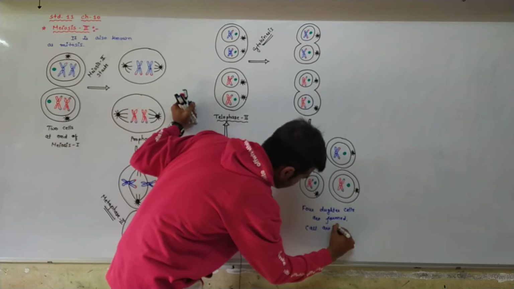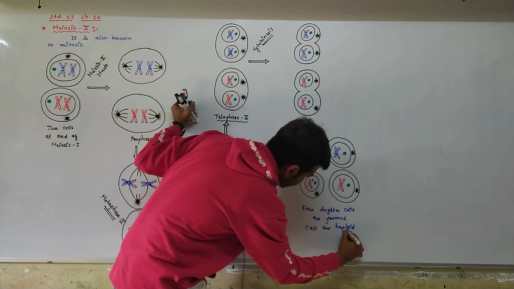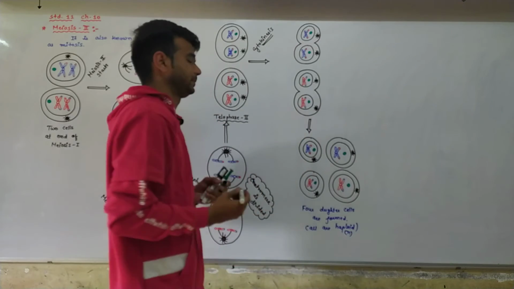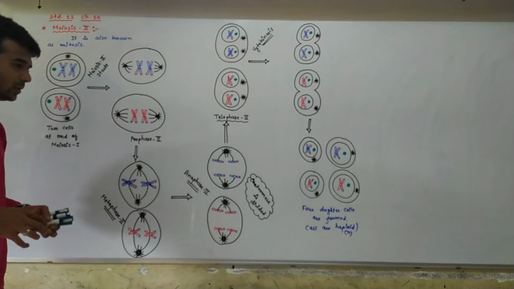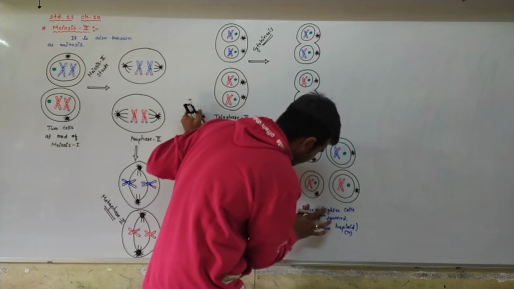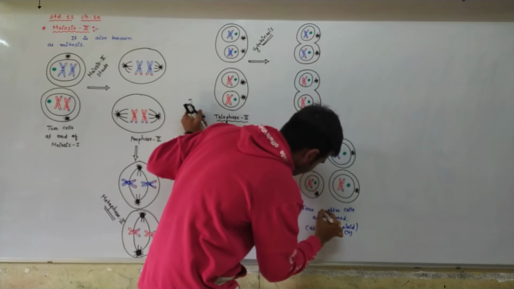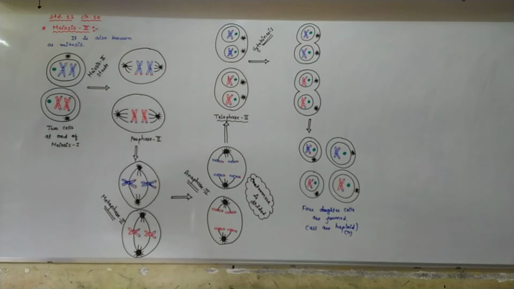All are haploid, that is N. So this is the end of meiosis. Fine. This is the end of meiosis.